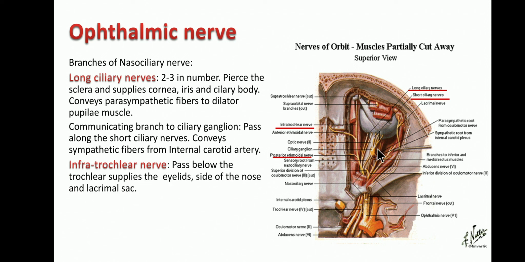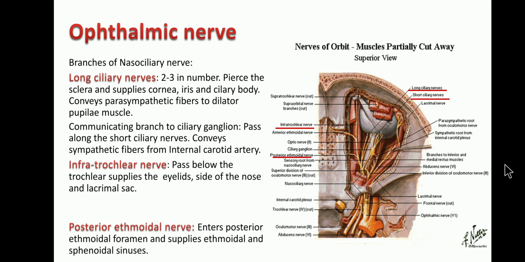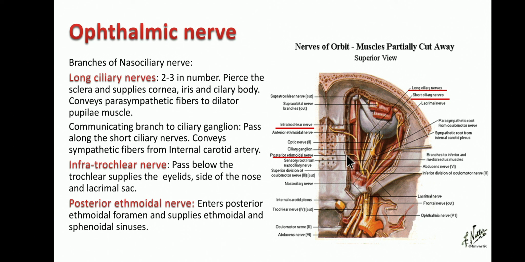Then you have the infratrochlear nerve. It supplies the medial part of both the upper and lower eyelids, then the side of the nose and also the lacrimal sac. Because it passes below the trochlea, it is called the infratrochlear nerve. Then finally you have the posterior ethmoidal nerve, which passes through the posterior ethmoidal foramen and supplies the ethmoidal and sphenoidal air sinuses.